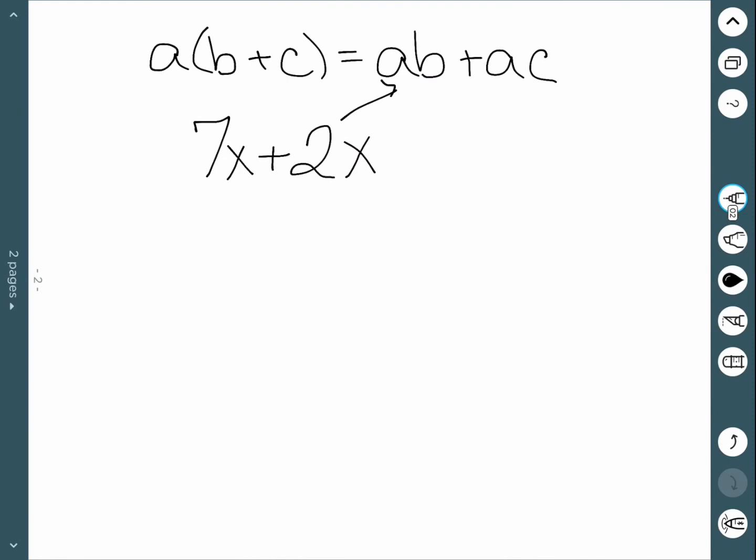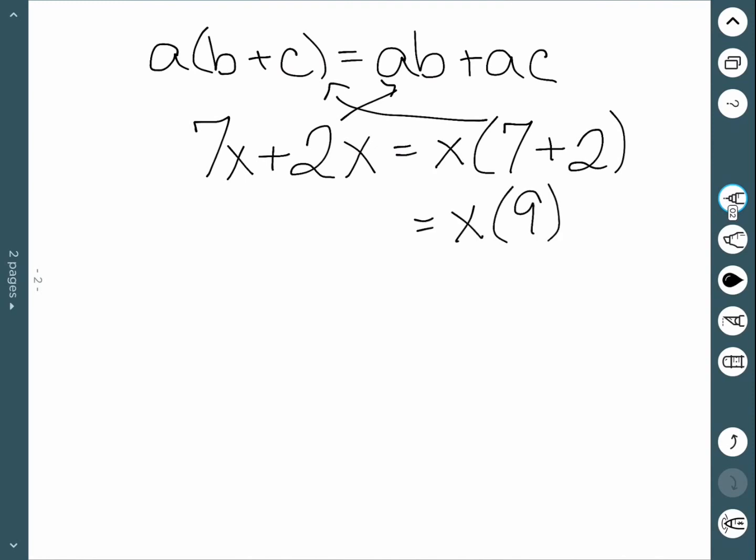And you'll notice in both the 7x and the 2x, there is an x. So this has to be equivalent to x times 7 plus 2, like the left-hand side. I know that 7 plus 2 is 9, and x times 9 is the same thing as 9x.